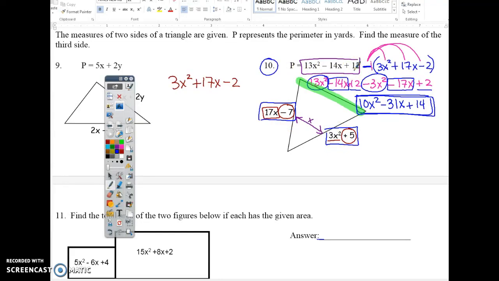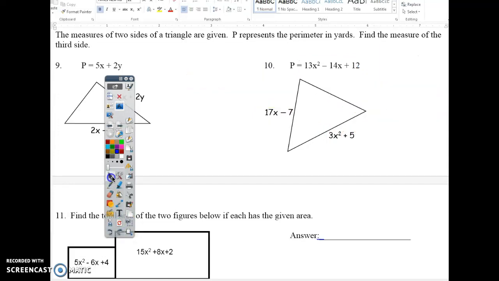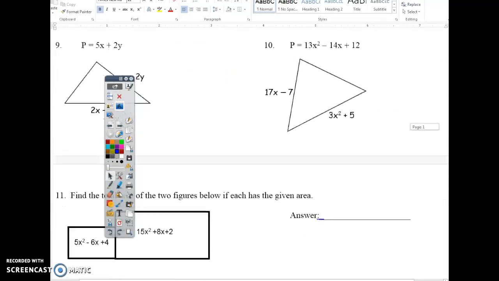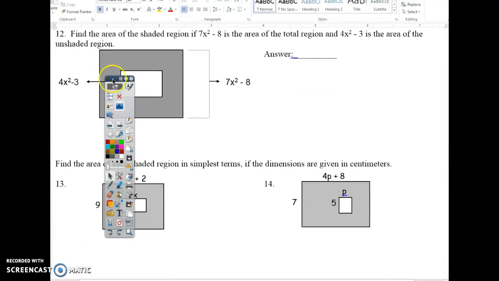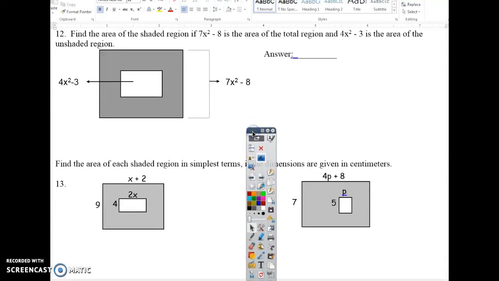Let's do number 12. Here's another one where it says find the area of the shaded region. So only this part, the shaded region.